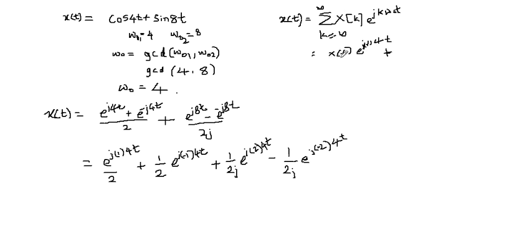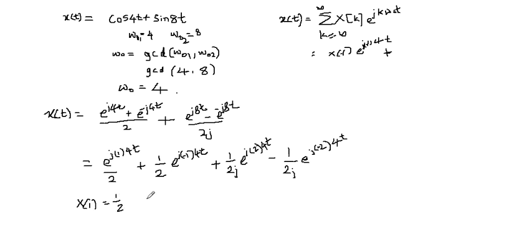So these would be x of minus 1 e raised to j minus 140 plus x of 1 e raised to j 140 and x of 2 in this way. So from this it's clear that the value of x of 1 is 1 by 2.